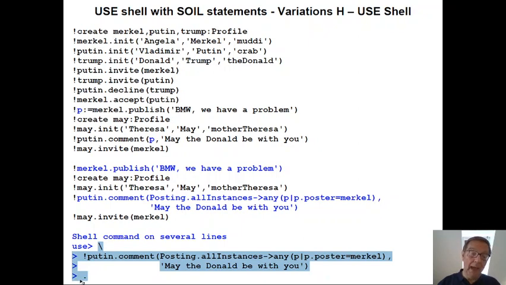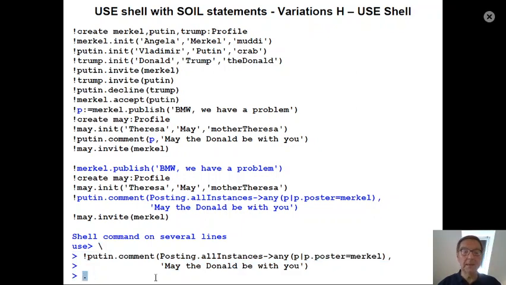And to end the command that goes over several lines, you use a line where you only have the dot, the period, as the only character. So you start with a backslash, and you end with a period, and in between you have a command that goes over several lines. That's something that you can do on the use shell.